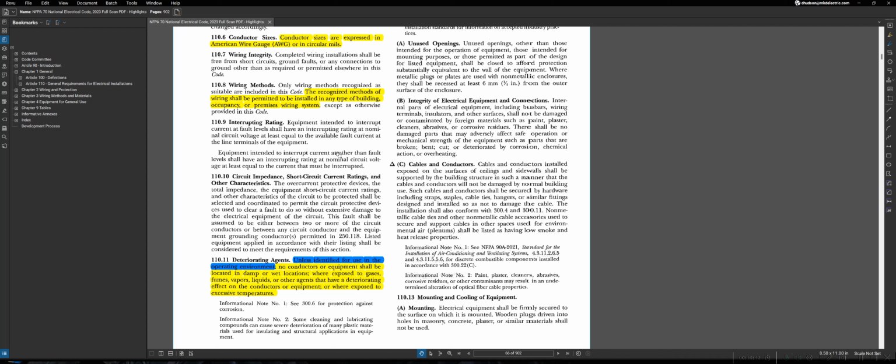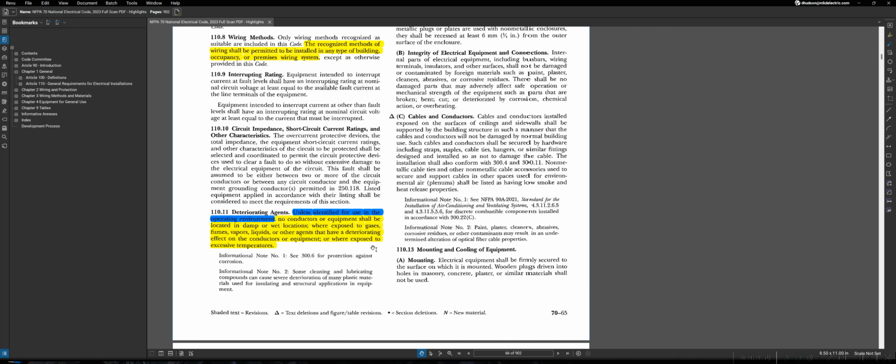Now, that doesn't mean that you can't install it. It just means that the NEC will not have specific provisions for that cable in and of itself. Generally speaking, when that's the case, that conductor will have a rating that is recognized by the NEC. Such is the case with URD, in which case you would then just follow the NEC requirements as they apply to that conductor type.